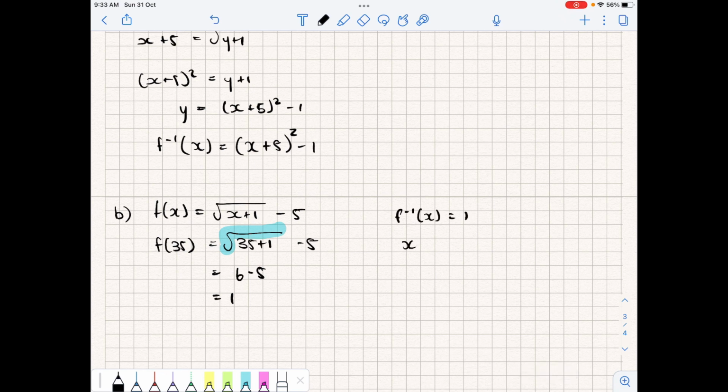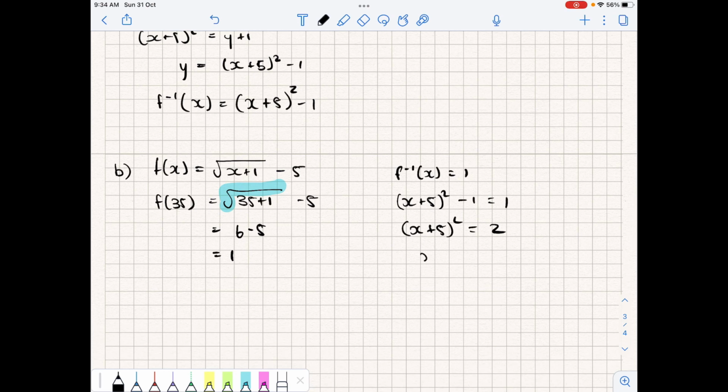So that means we have x plus 5 squared, minus 1, equal to 1. And we have x plus 5 squared equal to 2. Take the square root, we'll get plus or minus the square root of 2. So we have two possible solutions. x equal to plus or minus the square root of 2, minus 5.